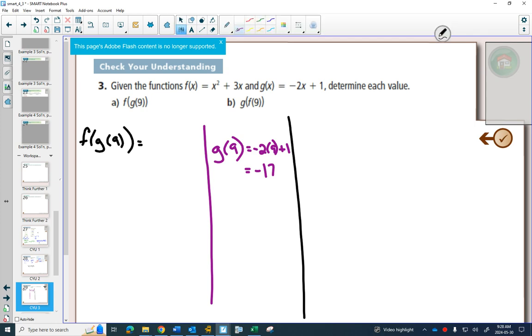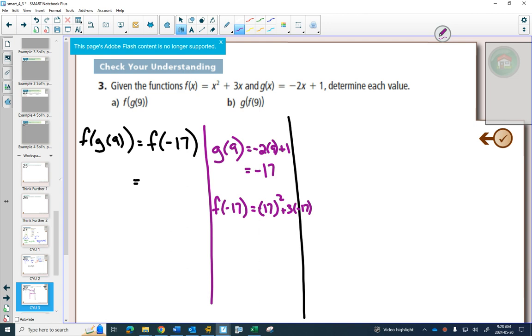That means that f of g of 9 now becomes f of negative 17, which is going to equal, and again, off to the side, I might figure out f of negative 17 on its own. It's going to be negative 17 squared plus 3 times negative 17.